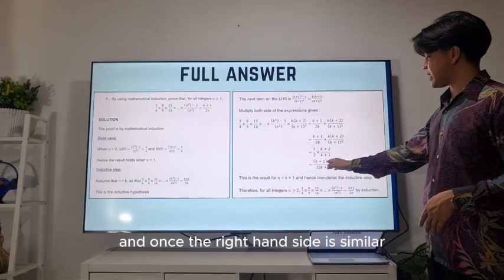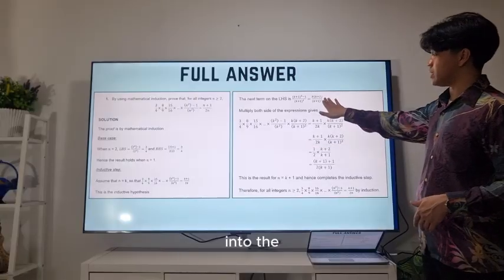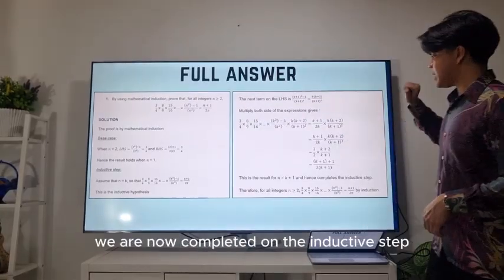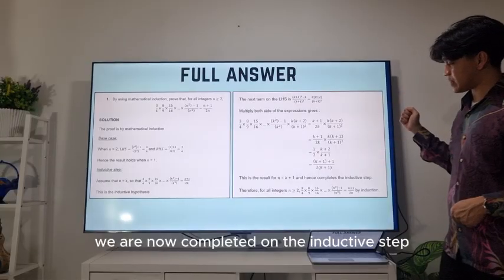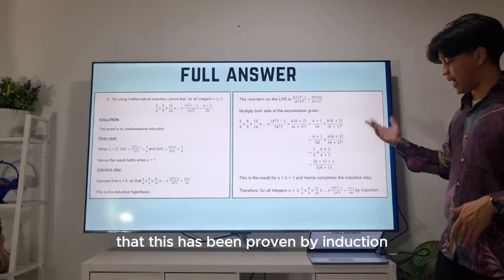And once the right hand side is similar to when we substitute n equals k plus 1 into the term, we have completed the inductive step, and we can conclude that this has been proven by induction.